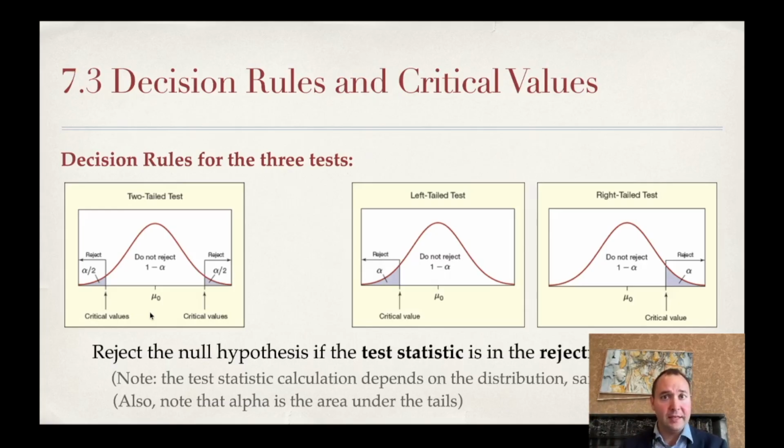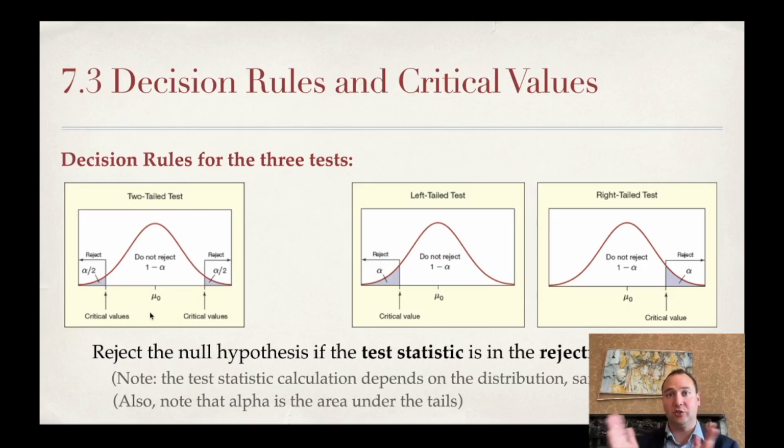Also, it depends if our test statistic is very far away from it in a positive direction or very far away from it in a negative direction. There's a difference. If we're using a two-tailed test, well, a two-tailed test means we don't care whether that test statistic is above or below the mean. As long as it is far away from that expected mu0, we're going to reject it.